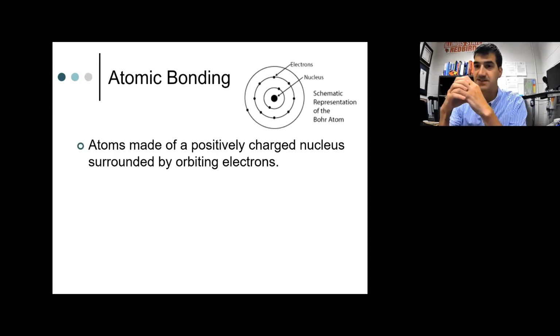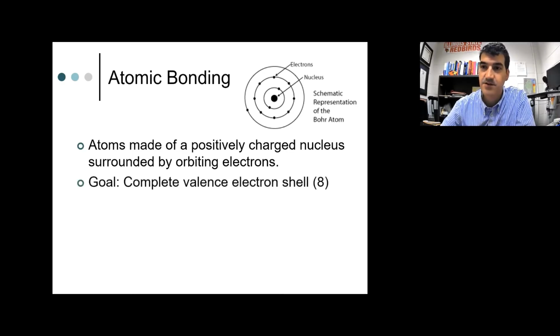It's a nucleus that consists of 1 or more protons and some number of neutrons. Not all atoms have neutrons, but some have neutrons with the protons in the nucleus, and then the electrons orbiting around the outside. That's a pretty helpful model to visualize, and it's accurate enough for our purposes.